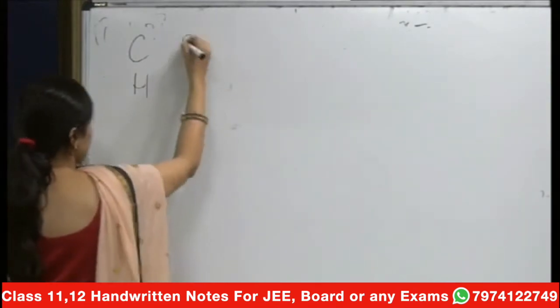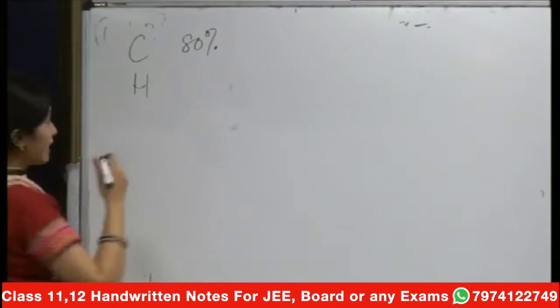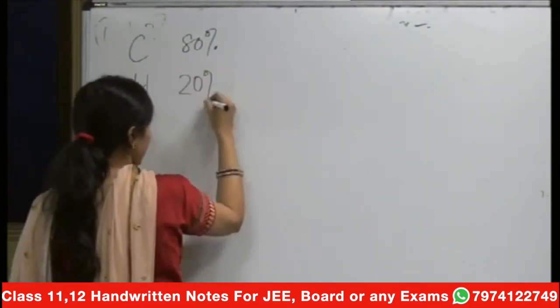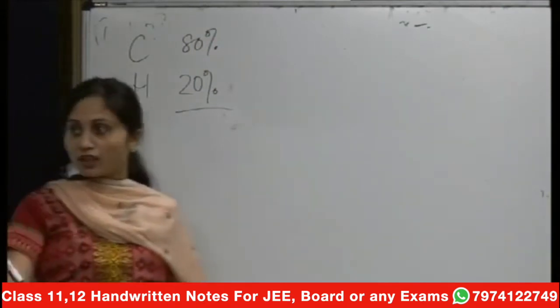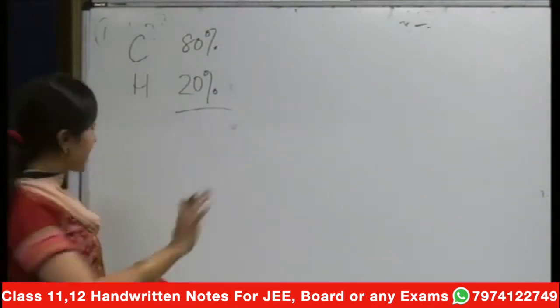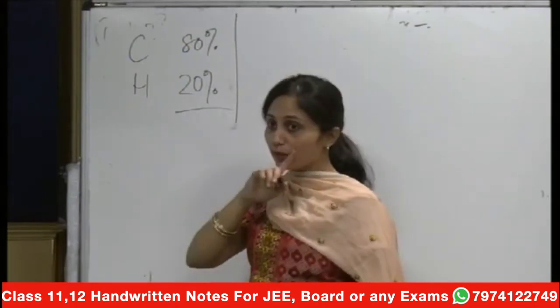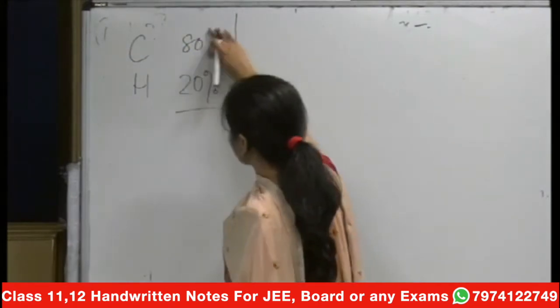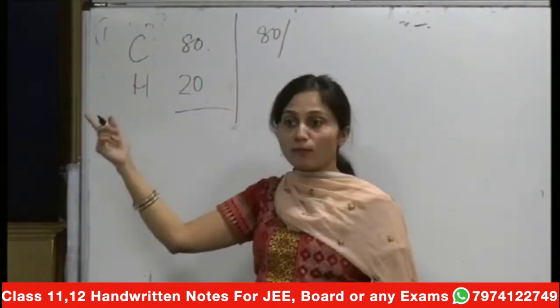Say if you're given 80% of carbon is there, and if you have 20%, I'm just solving it directly, you are given the natural abundance of your carbon and hydrogen in a particular compound. If this has 80% and this has 20%, the very first thing that you will be doing will be, you will be taking this percentage and you will divide it by their respective molar masses.